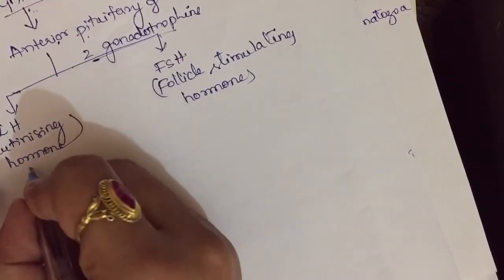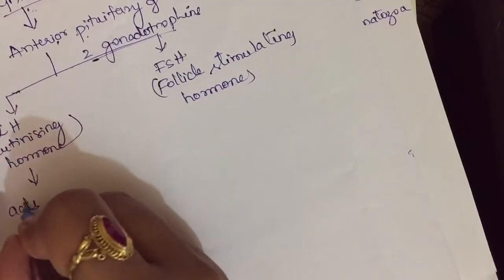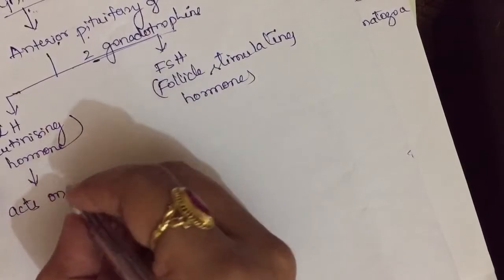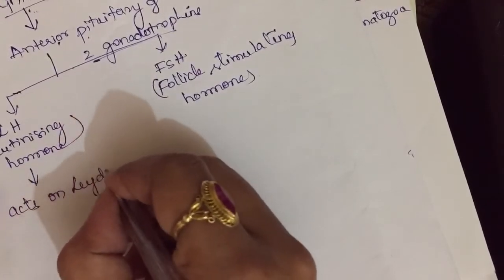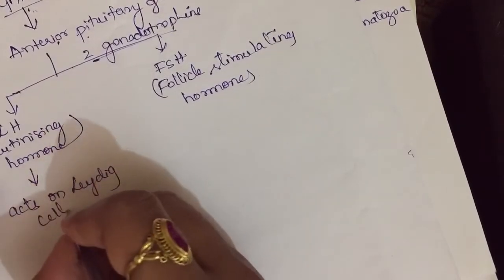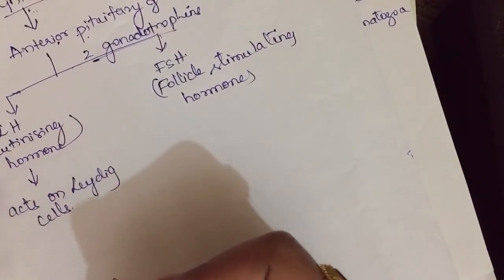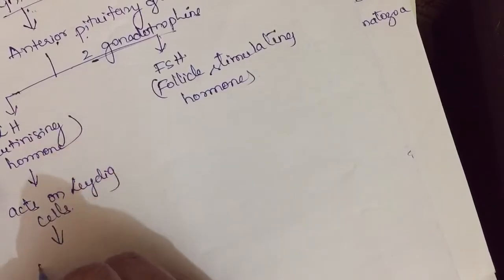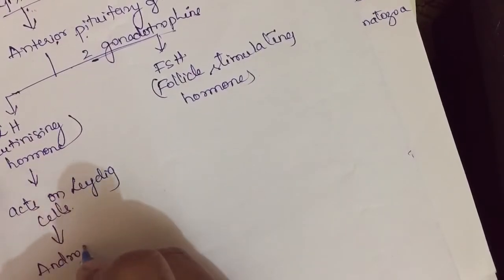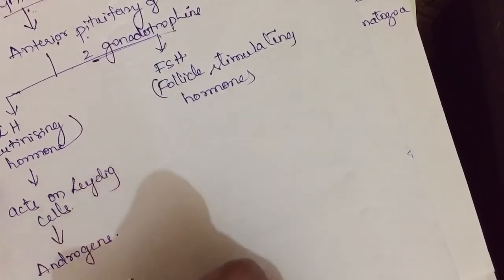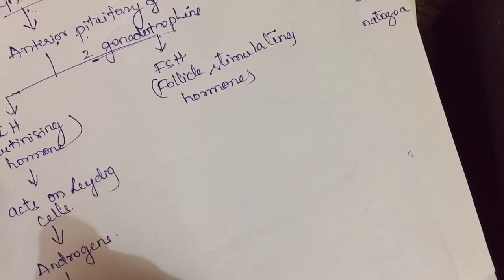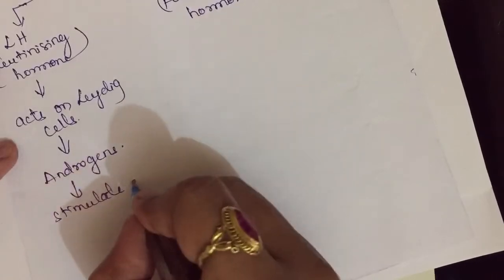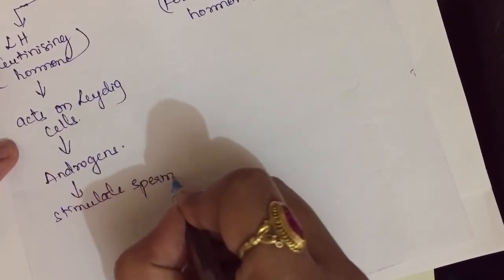Luteinizing hormone acts on Leydig cells. These Leydig cells will be stimulated to synthesize androgens. Androgens will stimulate spermatogenesis.